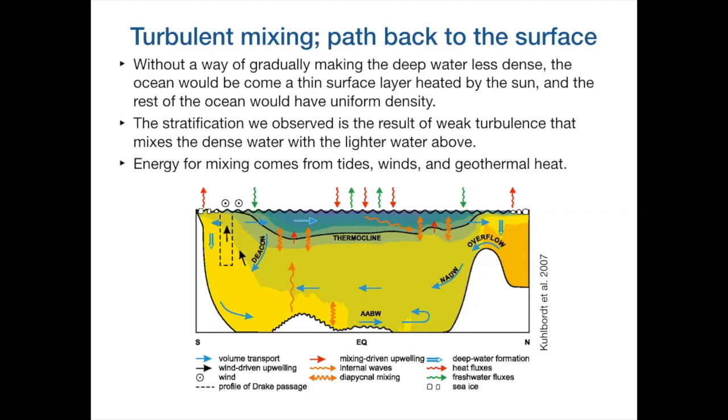So we need some way of bringing this water back to the surface so that the loop can continue again. It's mechanical or turbulent mixing that causes this. The energy goes into moving the water parcels around and making them slightly warmer, and they eventually get back to the surface.